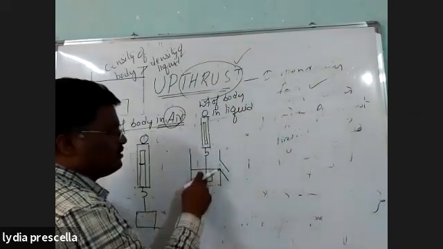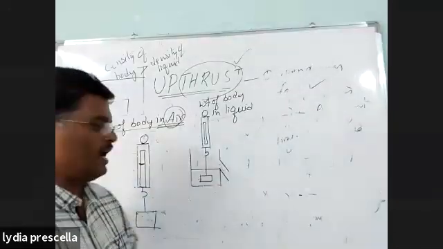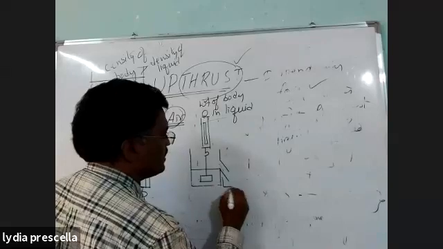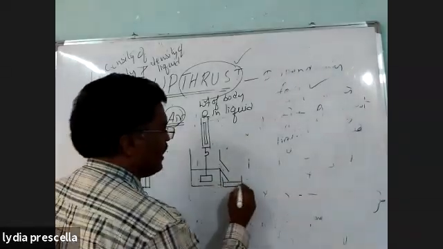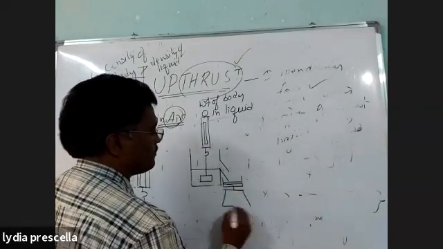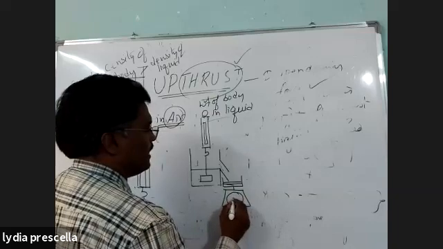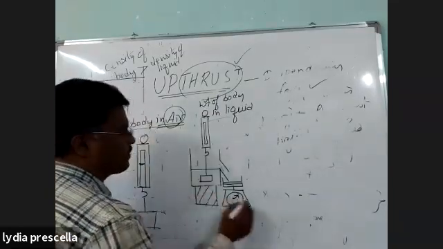When the body goes inside the liquid, some of the liquid will come out, and that liquid is collected in a beaker like this. This weight also we have to find out by top pan balance. This is called top pan balance.